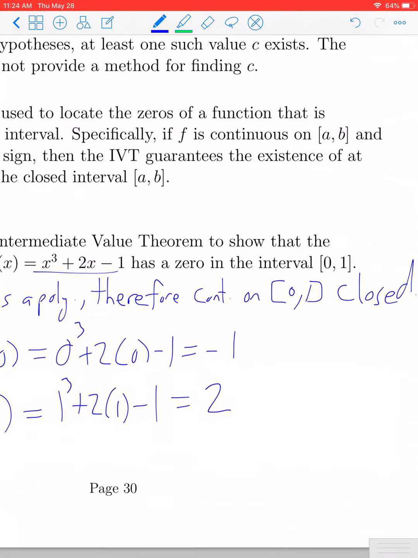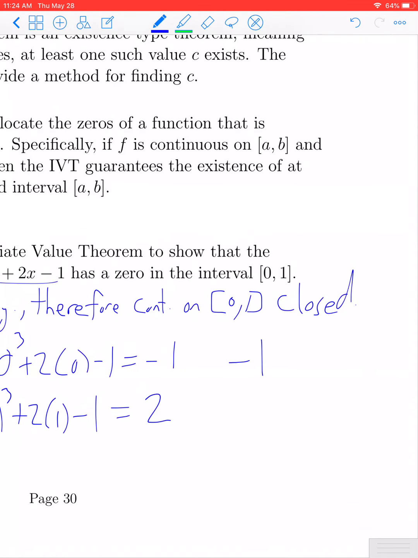Because 0 is in between negative 1 and 2, f of 0 is less than 0, which is less than f of 1.